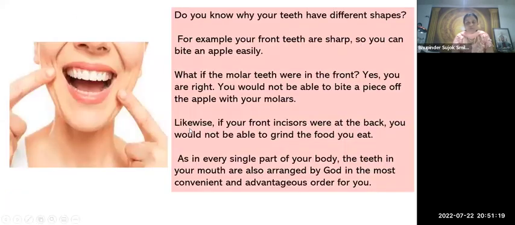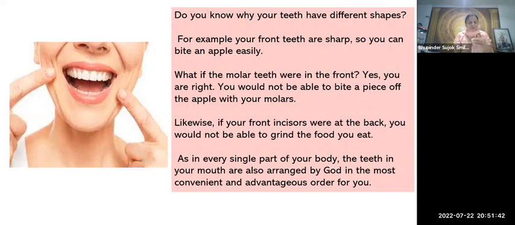Yes. So when we talk about the mouth and teeth, we just know that we are smiling. Of course, this mouth is doing many works. This mouth is eating, tasting, and chewing food. Multiple works are there.